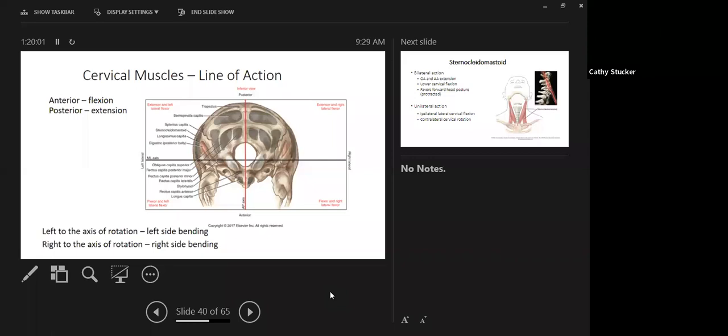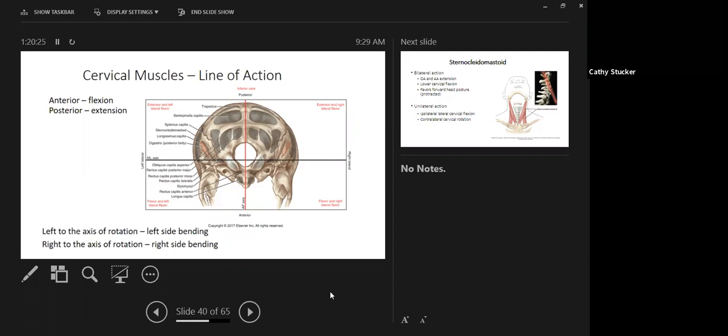If it's on the right side of the AP axis, it's going to cause right flexion. If it's on the left side, it's going to cause left flexion. All right, so that's kind of the orientation of this. So it gives you an idea of the moment arm for the muscles, which ones are most effective for doing particular motions.